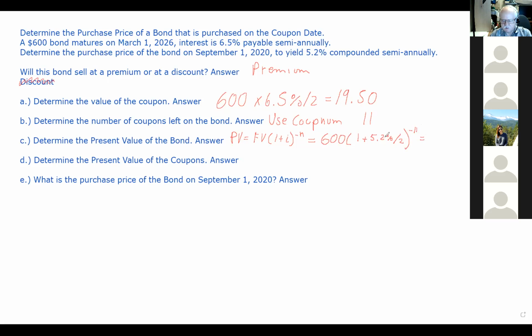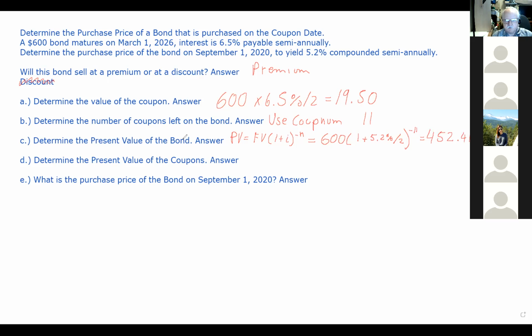So let's try and calculate that. I'm going to go 5.2% divided by 2 plus 1, y to the x, 11, change sign, equals, and then times 600, and I'm getting 452.41.